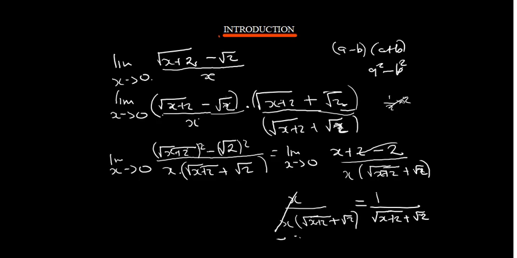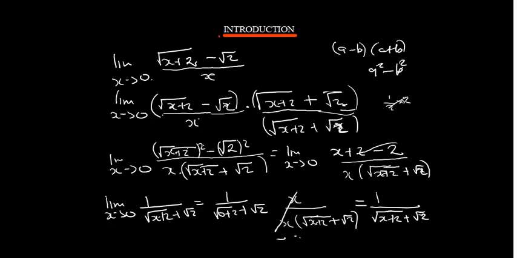By the way, the limit is still there, so I'll say limit as x approaches 0 of 1 over root of x plus 2 plus root 2. Now you forget this word limit and insert the value of x. Where x is, we put 0, so 0 plus 2, plus root 2.